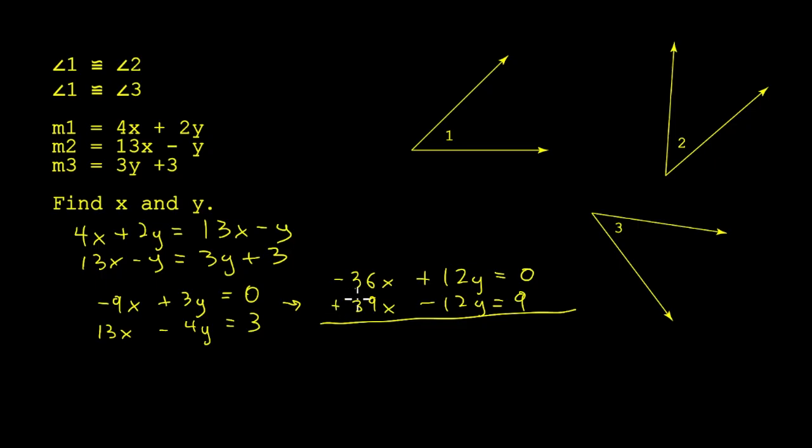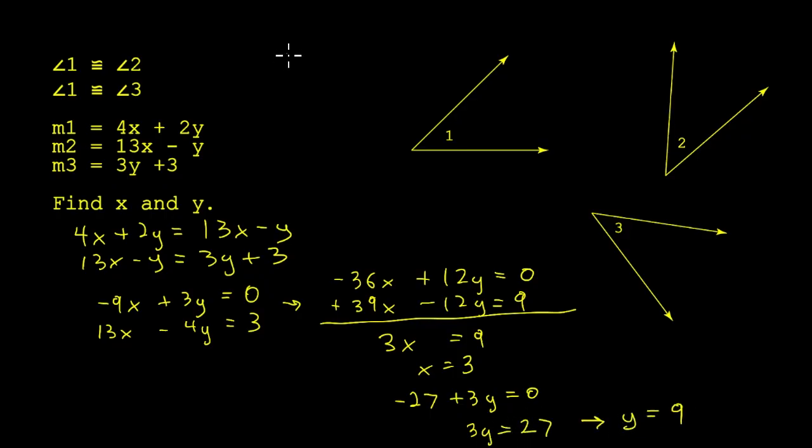Then adding them together, we get 3x plus 0 here equals 9, and we get x equals 3. Now plugging back into this first equation, we get negative 27 plus 3y equals 0, meaning that 3y equals 27, and then y equals 9.